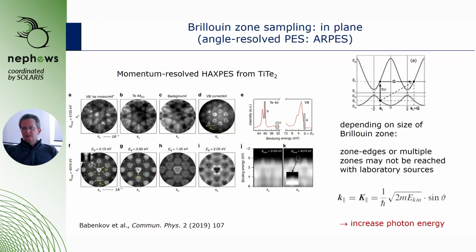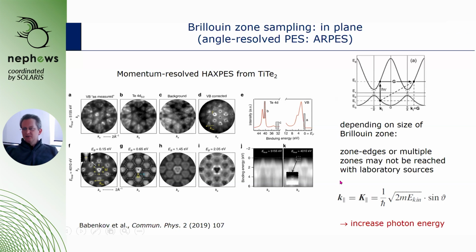Next case where synchrotron radiation comes in quite handy is you might have a crystalline material that you want to study, and you want to study the valence band structure, as I said, the dispersion of electrons, their energy versus their momentum. And depending on the size of the unit cell of your crystal, you will have different sizes of the Brillouin zone that you want to study completely.